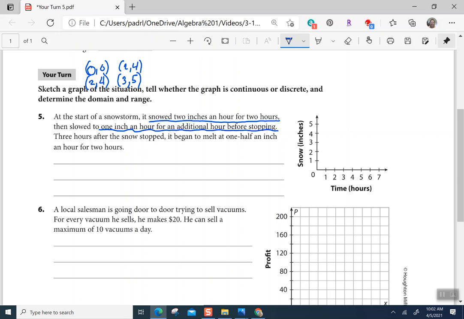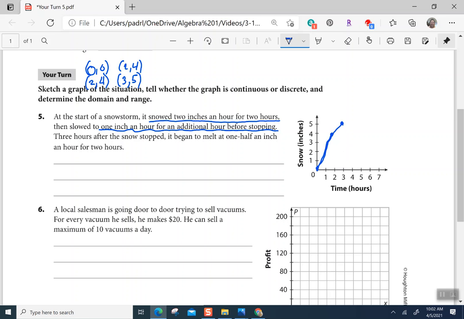Okay, so now let's see. We got a dot right here. After 2, it hit 4. And then it snowed slower, which means you would go up to 3, 5, somewhere around right there.